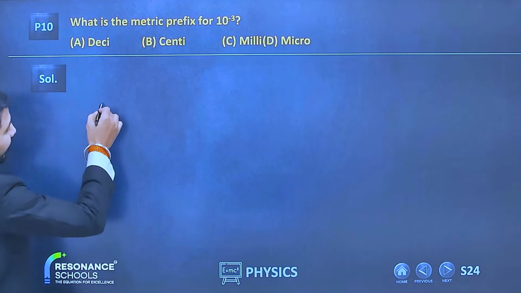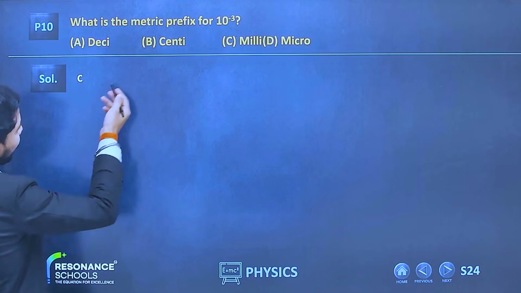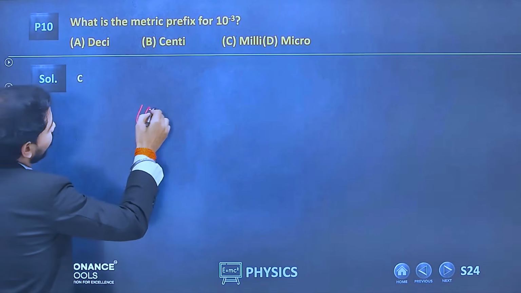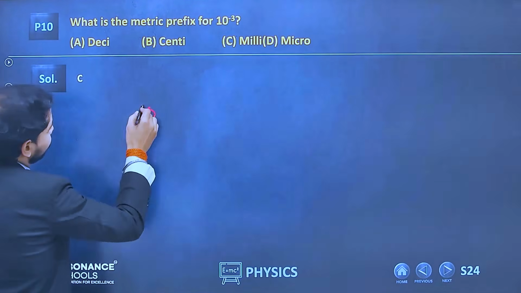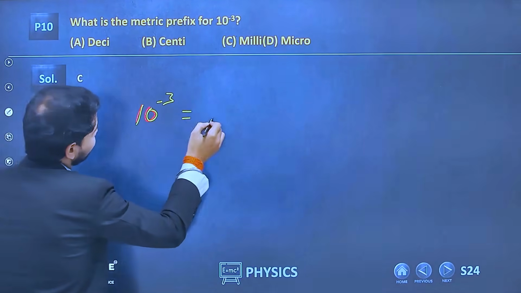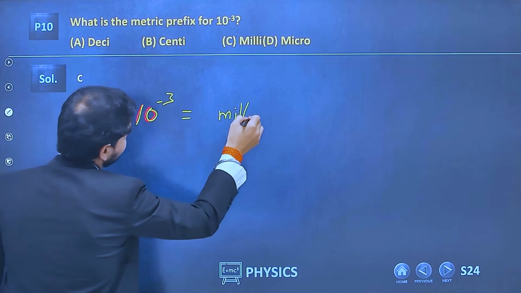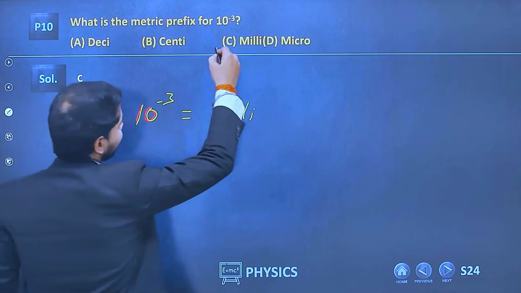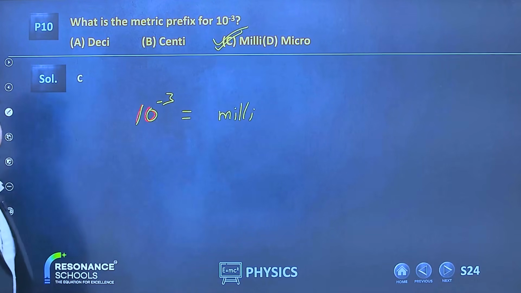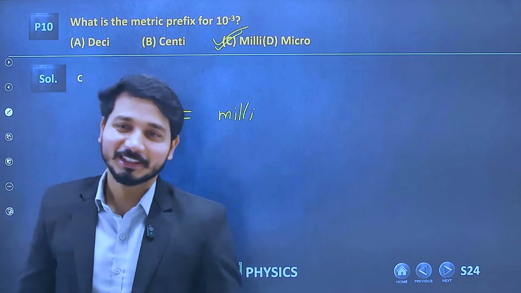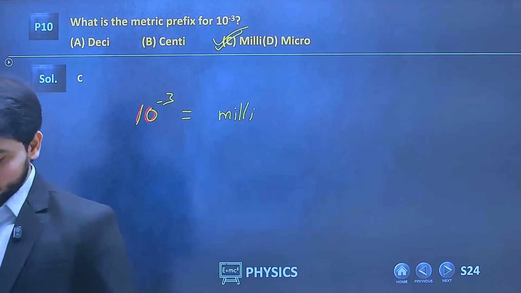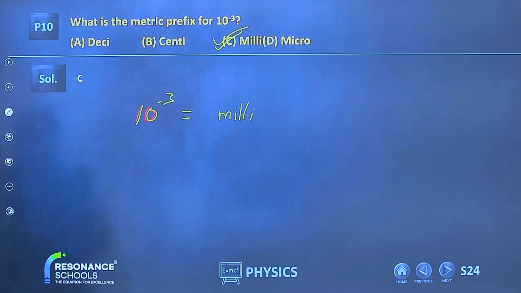So we know 10 to the power minus 3 is milli. So option C is the answer for this question. Yeah, option C. Right? Now we will move ahead on our concepts.